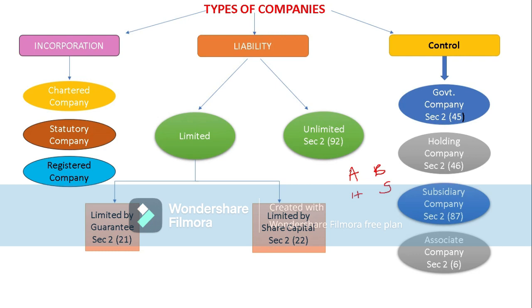It means that if company B is a subsidiary of company A, and company C is also there, and C is a subsidiary of B, then automatically C will also be a subsidiary of A. The relationship of holding company and subsidiary company may also exist where there is no share capital.